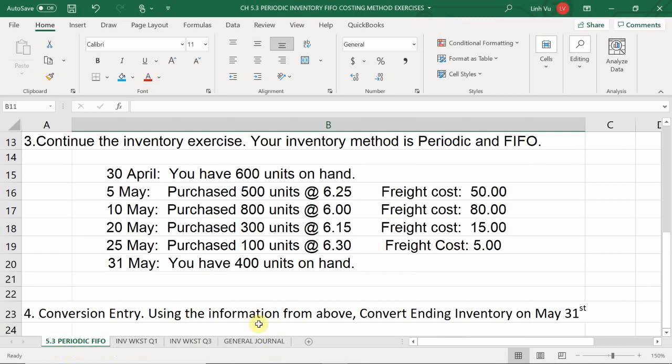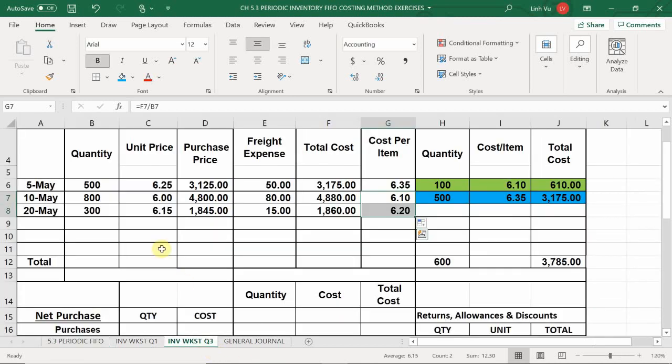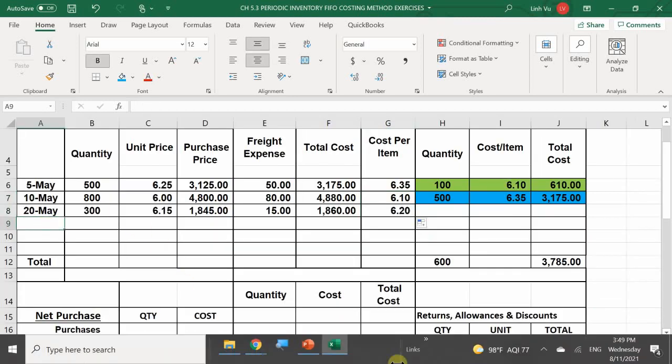So now that we have our batches of inventory, we need to sum up our columns to figure out what our net purchases is.